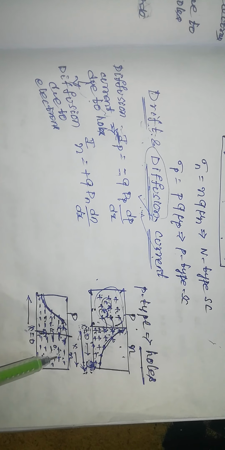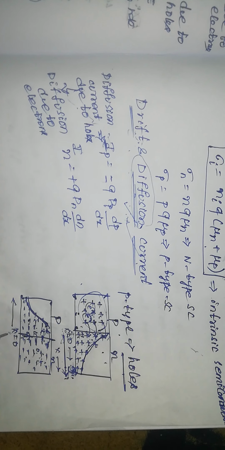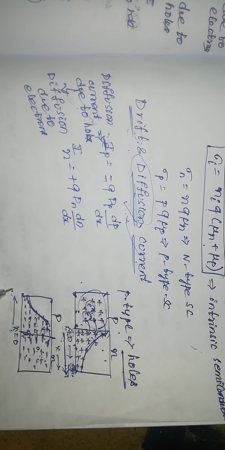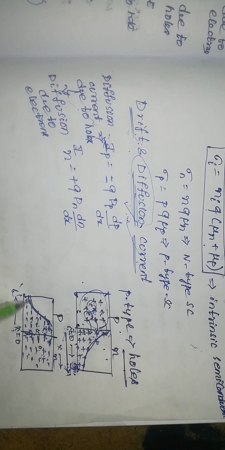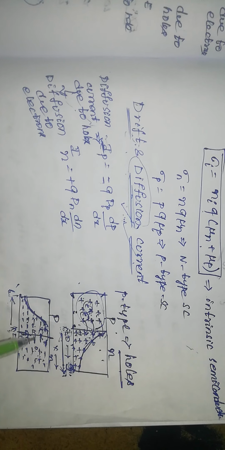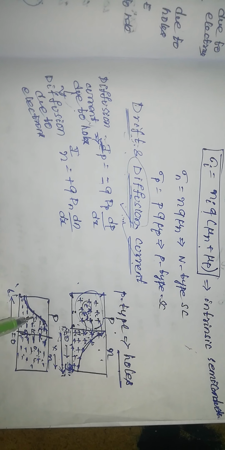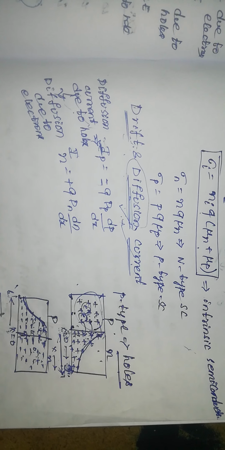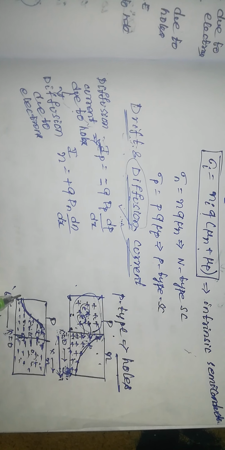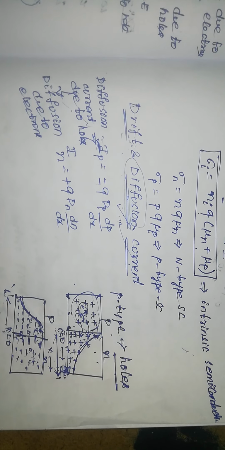Similarly, as the electrons move from x equals 0 to some particular length L, the electrons, which came from the n-type semiconductor, go on decreasing in the p-type semiconductor. The current direction is opposite to the movement of electrons, so the current forms like this.